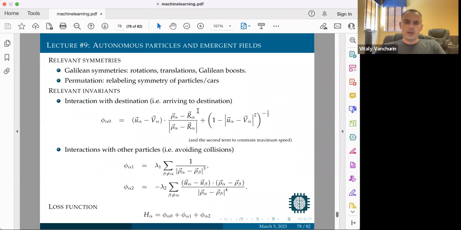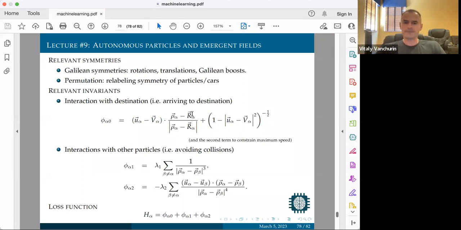This invariant will be responsible for that. This is the first one. Why is it invariant? Because you have velocity dot product with a position vector, so in the result you get a scalar, and the scalar is invariant. And moreover, you divide by the absolute distance, the absolute value, which is also a scalar.